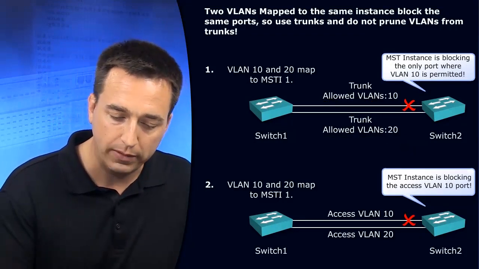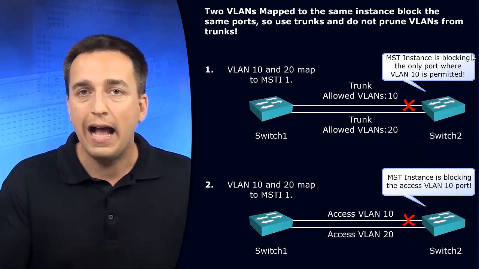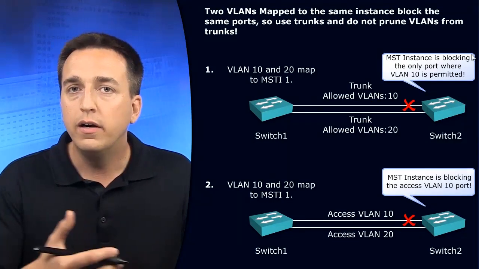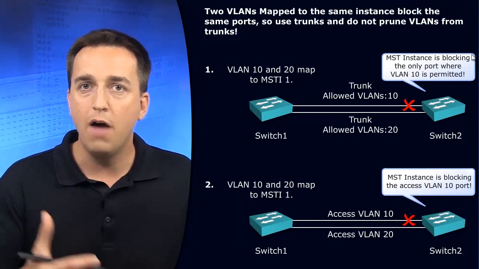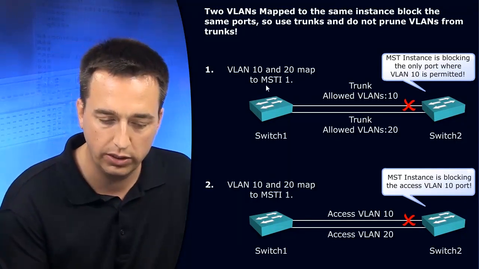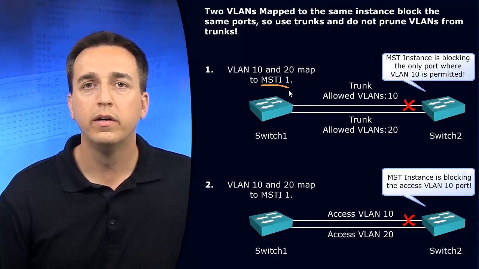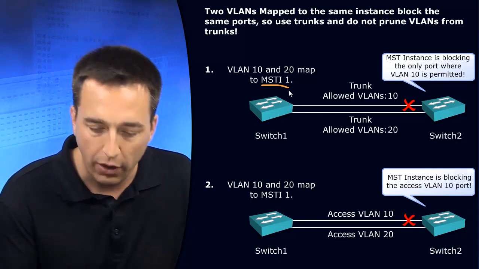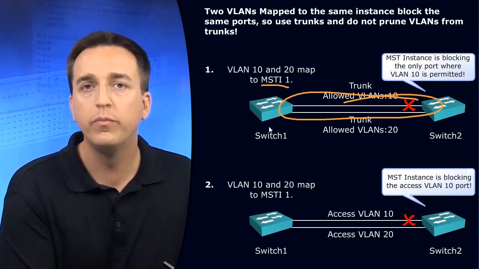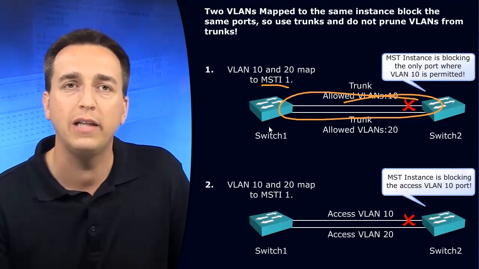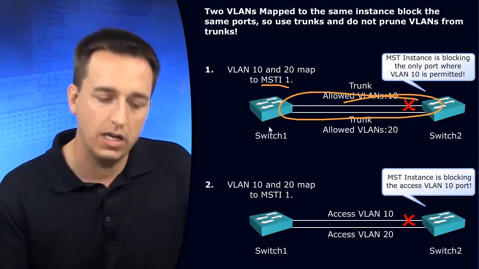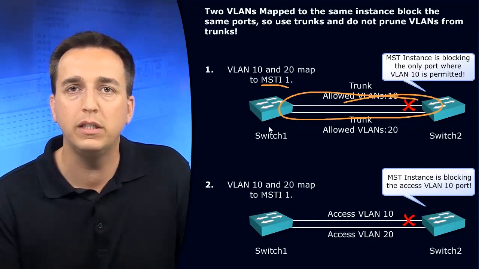So here's what happens. We have the instance of spanning tree protocol, instance 1, determining how to prevent the loop here. You see, even though the links are transmitting frames for different VLANs, MST instance 1 says, I'm just in MST instance 1.